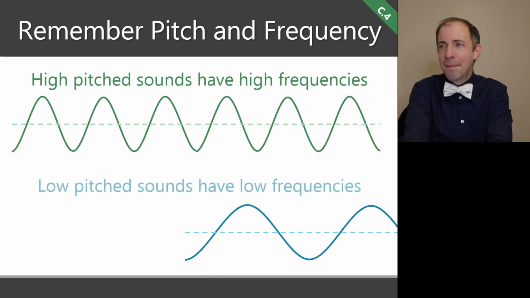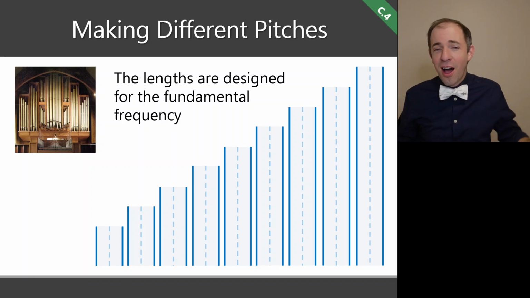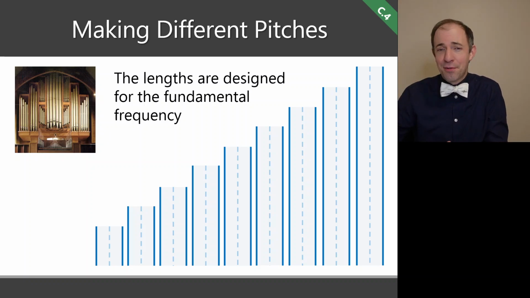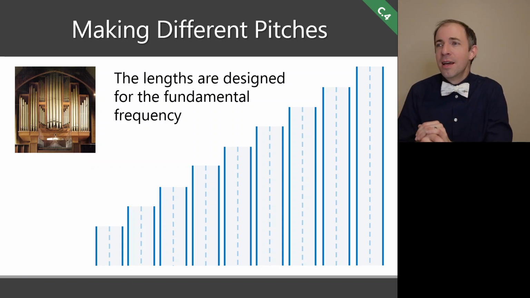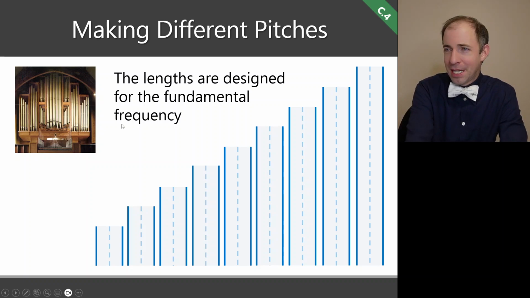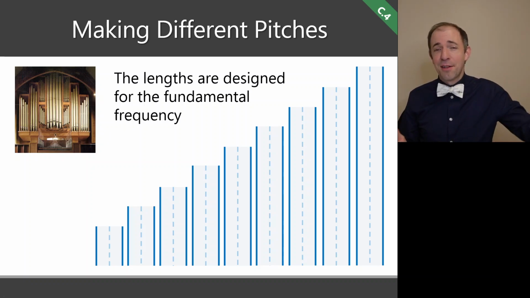So as a reminder, high-pitched sounds have high frequencies, low-pitched sounds have low frequencies. We saw how a trumpet or a bugle can increase the frequency by cramming more wavelengths in the same length. There's other ways that you can change the frequency. A pipe organ is basically always playing at the fundamental frequency. That's the first harmonic.